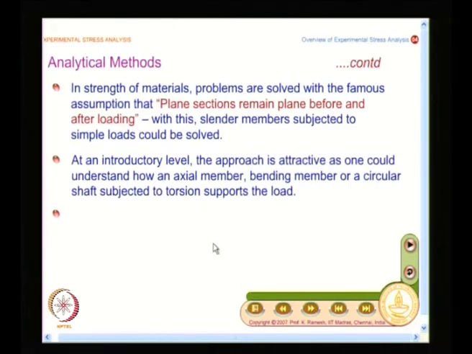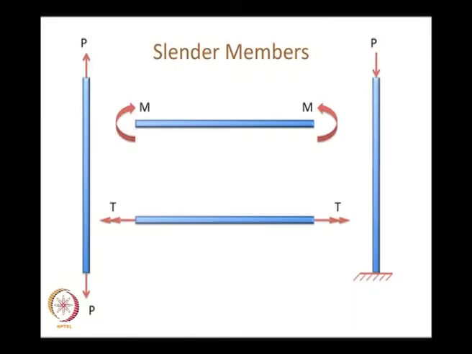Okay. And now what we will see is that at an introductory level the approach is attractive, as one could understand how an axial member, bending member or a circular shaft subject to torsion supports the load. And once you come to the circular shaft, you all know people use hollow shafts, very similar to bending, where the shear varies linearly. So, in pure torsion you only talk of a circular shaft subjected to torsion.